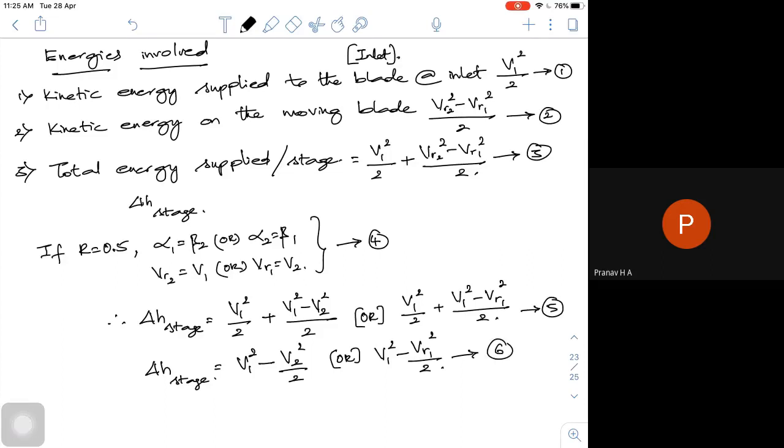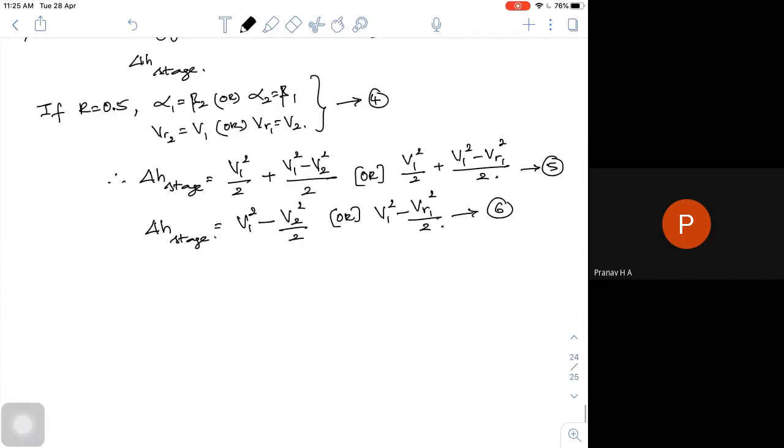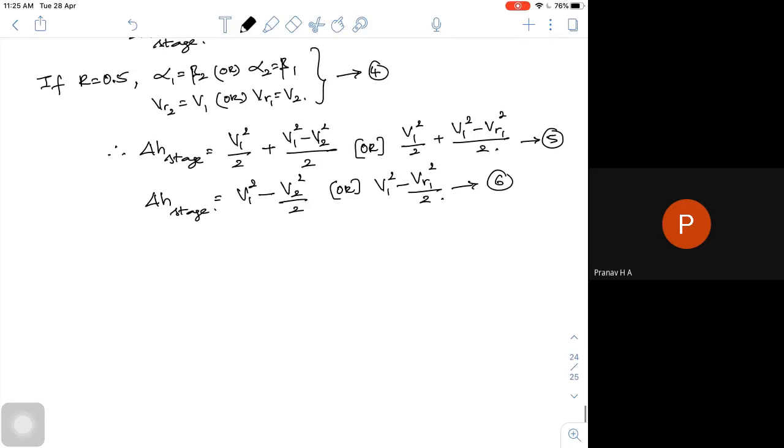Now, if you go back and look into our trigonometry, from the inlet velocity triangle, if you know the cosine rule, what is the cosine rule? Let me write that.